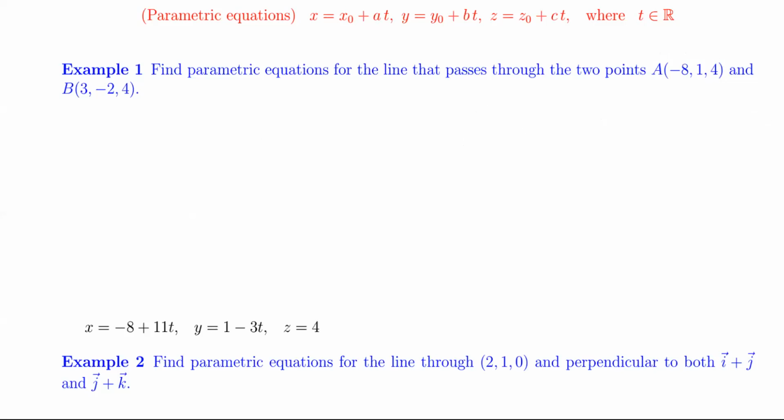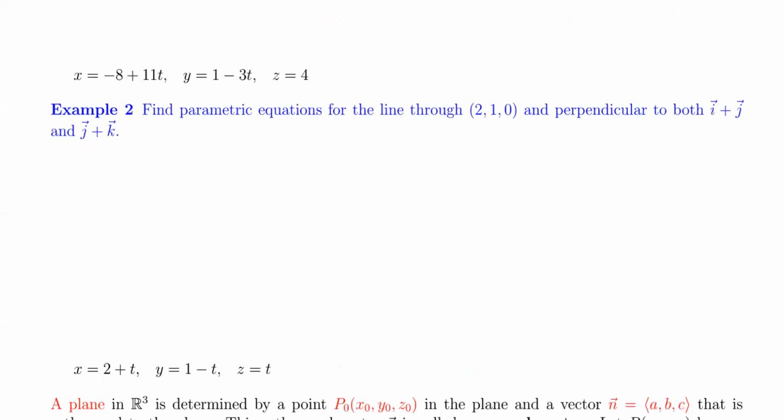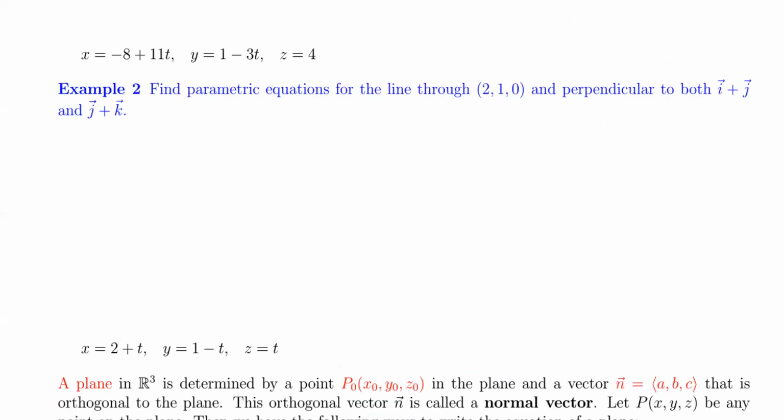Move on to example 2 now. Example 2 says to find parametric equations for the line that goes through the point (2, 1, 0) and is perpendicular to both the vectors i plus j and j plus k.